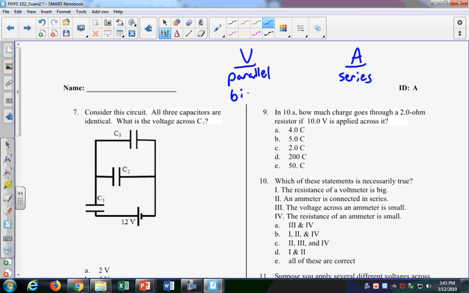Voltmeters have a big resistance. Ammeters have a small resistance. In both cases, neither the voltmeter nor the ammeter will affect the circuit very much.